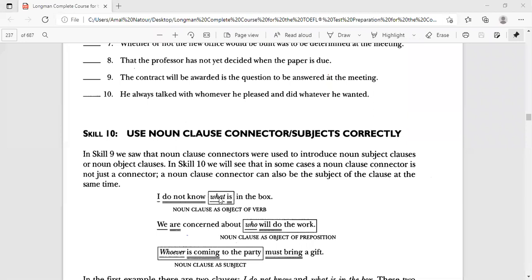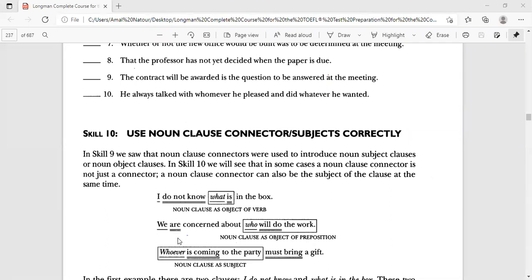But here what plays the role of the subject for the verb is. شايفينها بتلعب لي دور الفاعل للفعل is. كمان كلها what is in the box بتلعب لي دور المفعول به, the object of the verb know. تمام. اذا هون it has three functions لها ثلاثه وظائف. تلعب دور الكونكتور اول شيء تربط ما بين التو كلوزز، وثانيا تلعب دور الفاعل للفعل الذي يليها، وكلها هي والكلوز تاعتها, the connector with the clause that is connected to, it has the role of the object of the verb تلعب دور المفعول به.